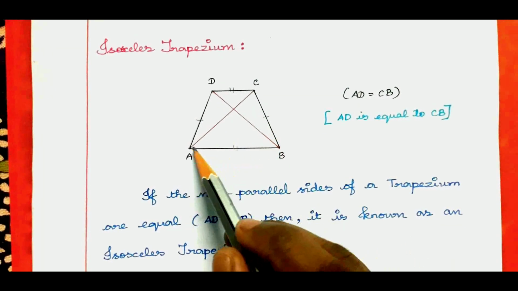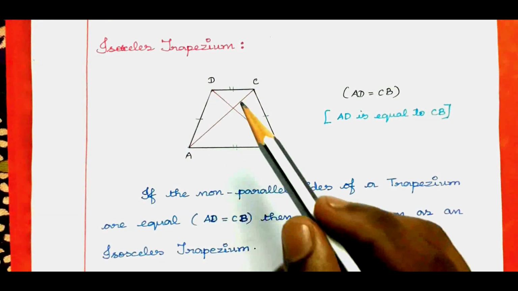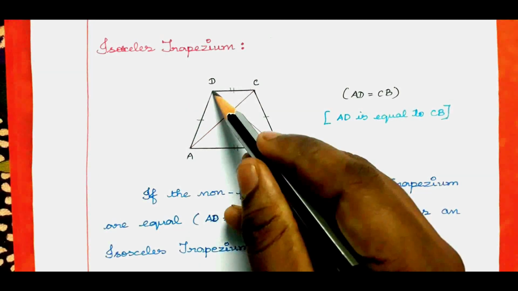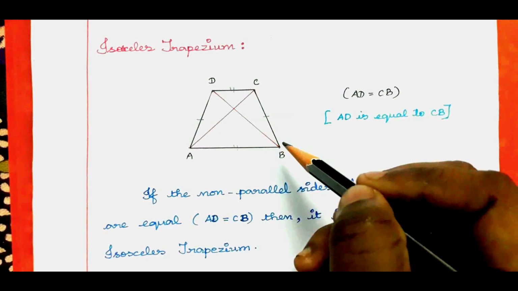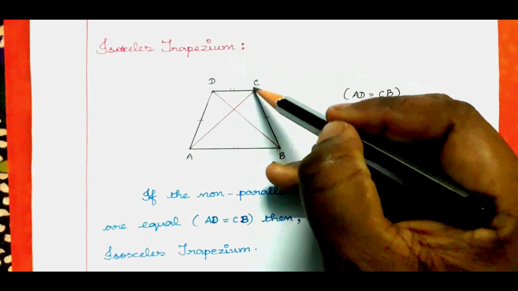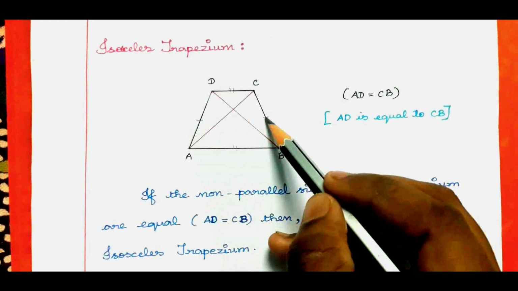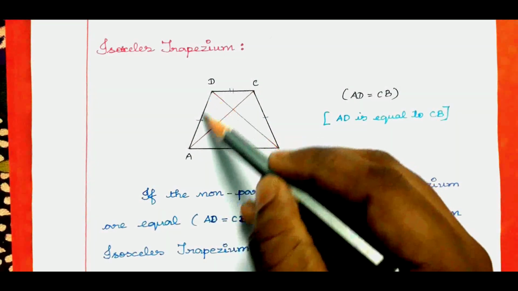For example, AB is parallel to CD. At the same time, AD and CB won't be parallel, because if you extend them, they can intersect here. Therefore, they are not parallel lines. But one thing: they have the same measure.